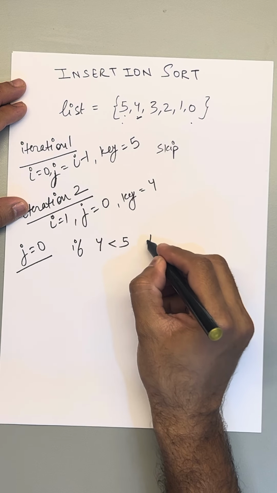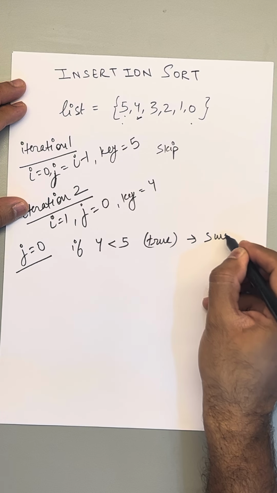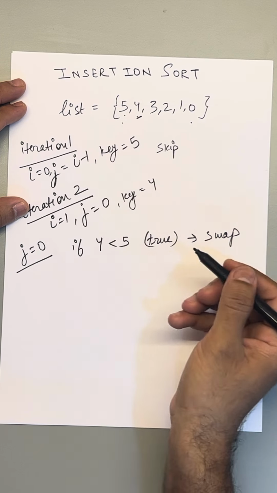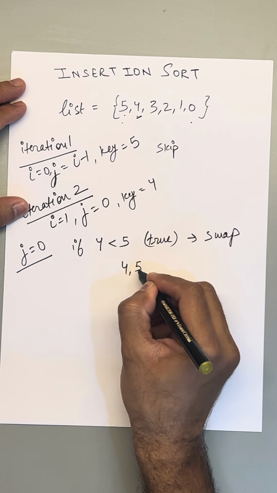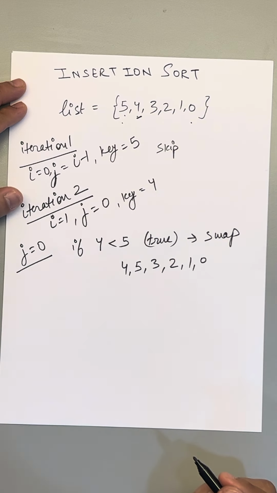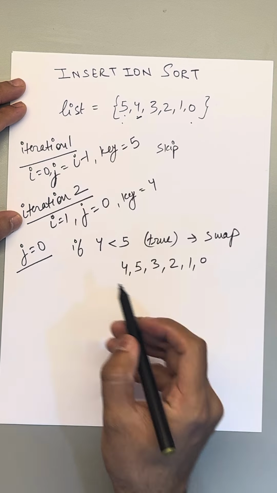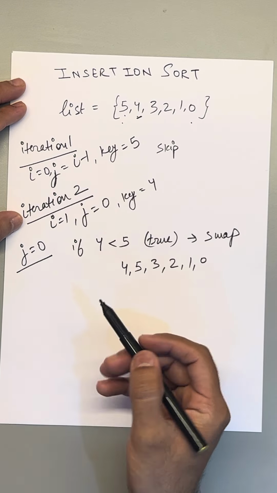If it is true, we are going to do a swap operation. So after this swapping, our list will look something like this. Now iteration 2 is complete since j equals 0 is the only value.